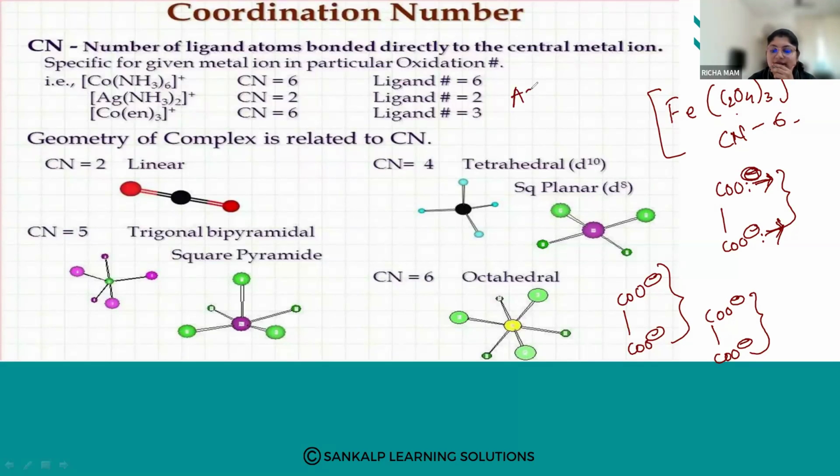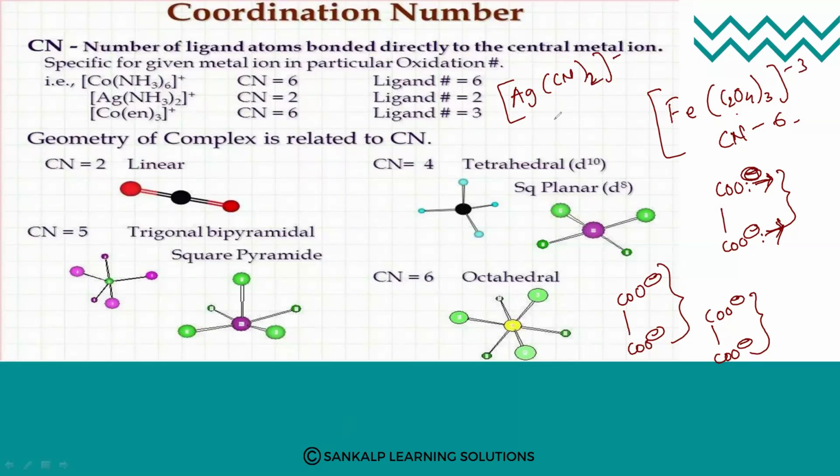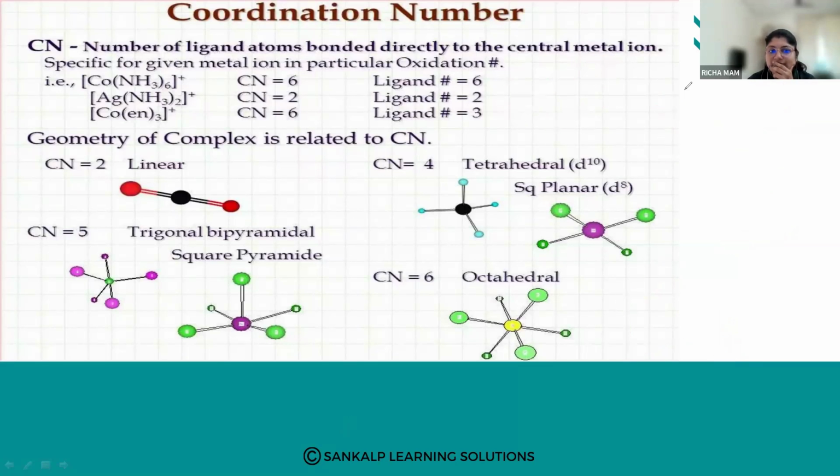Then we see this one, [Ag(CN)2]-. What is the coordination number, students? 2. Yes, 2. Very good. So the coordination number is 2. Next one, [Cu(NH3)4]2+. What is the coordination number?